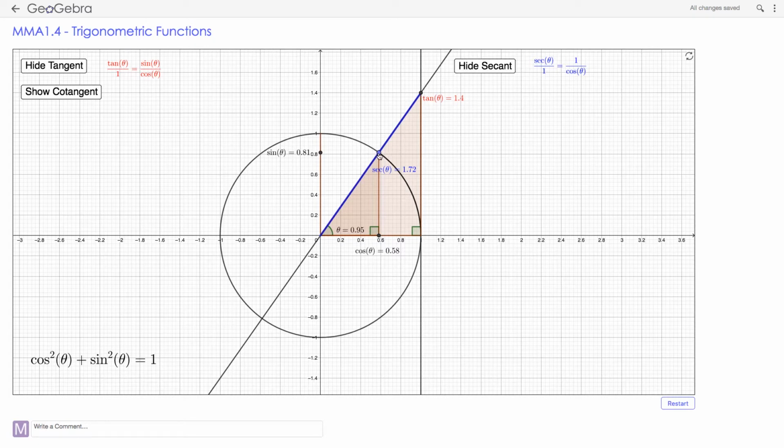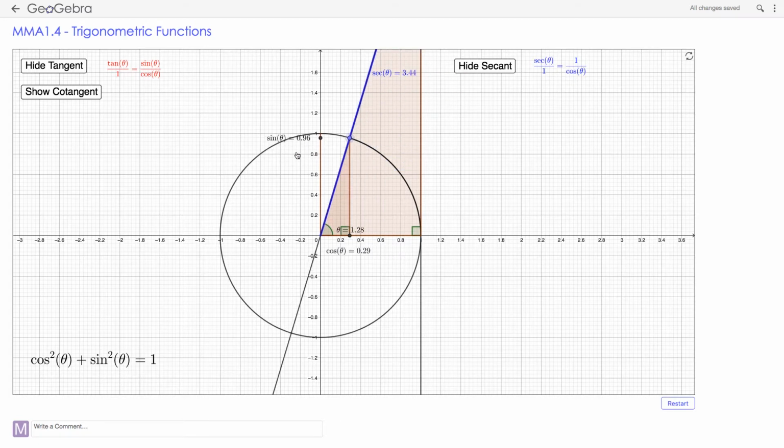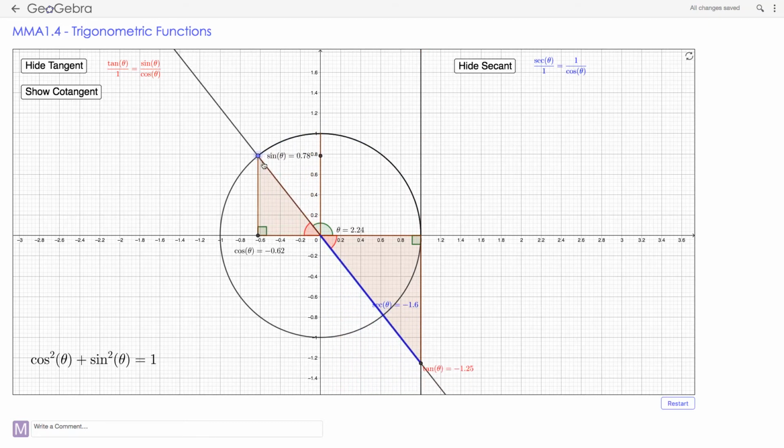The length of this we call the secant, and it can be calculated, as you see up here, as secant of theta divided by 1 is the same as 1 divided by cosine, by exactly the same argument as before. What is the length of this line? It's always 1. What is the length of this line? It's always the secant.